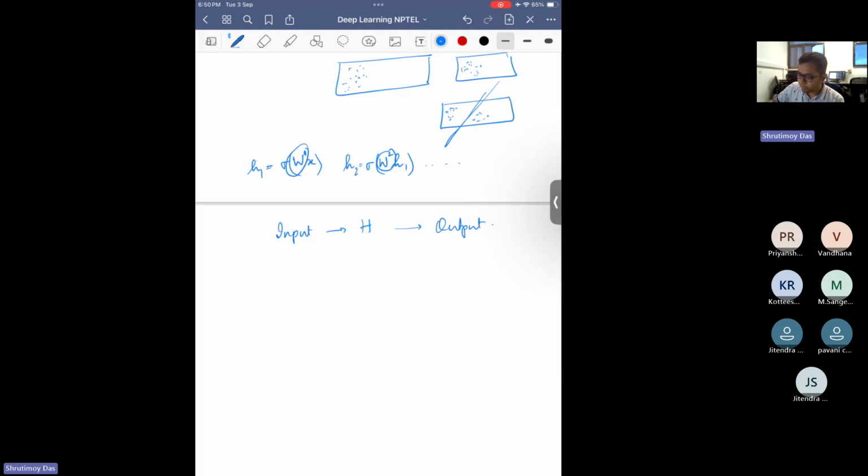And based on these random weights we learned, we give some output. Initially we don't want the weights to be zero. We just say that those are randomly initialized weights.